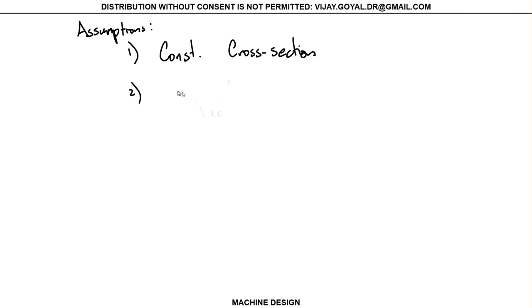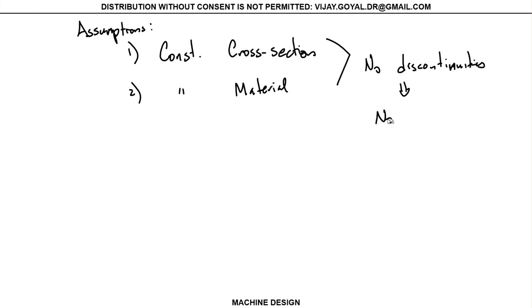It's a constant cross-section, constant material, and the consequences of this are no additional section cuts, no discontinuities, so no additional section cuts.